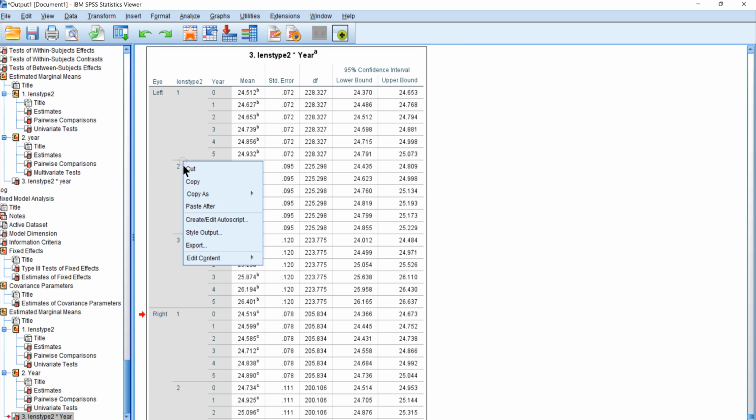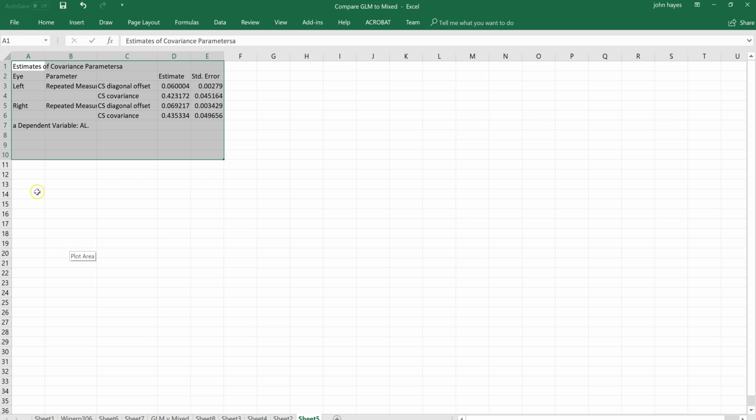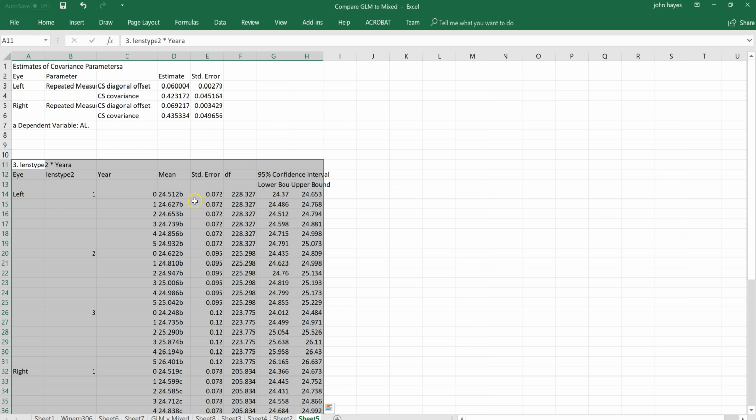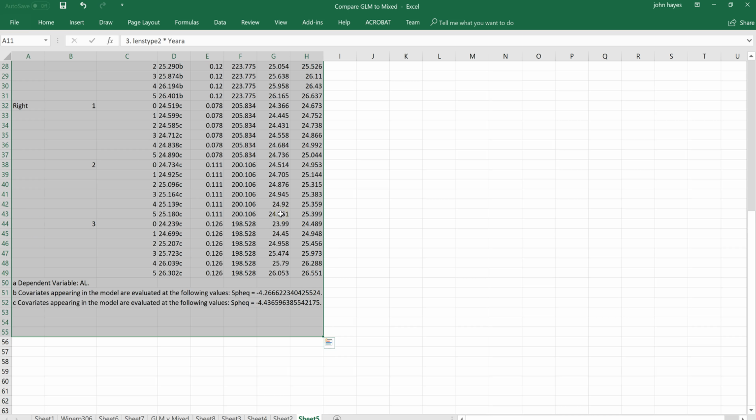Lens type by year, copy. Notice these have these little letters in here. It's because it's the least square means that have been adjusted for the various spherical equivalents.